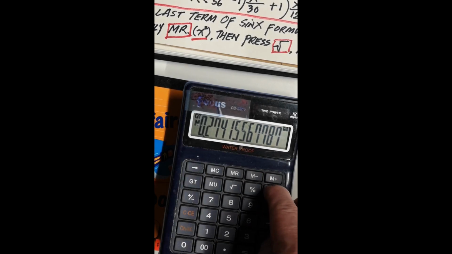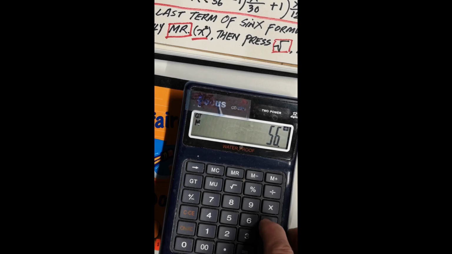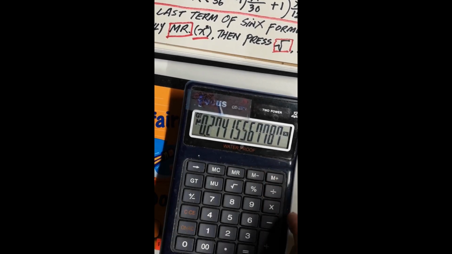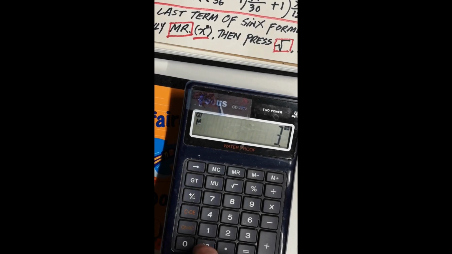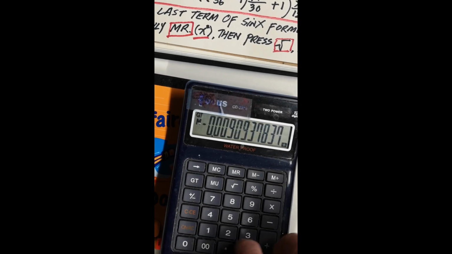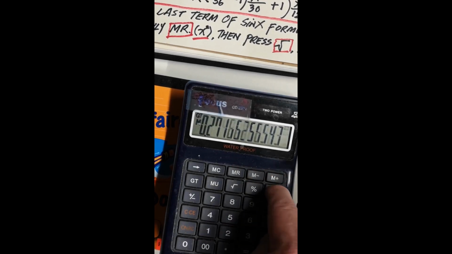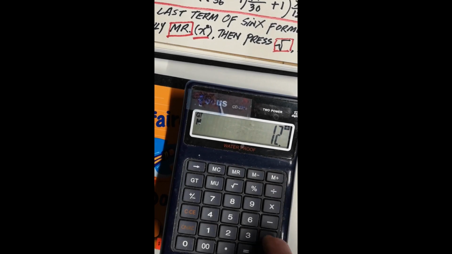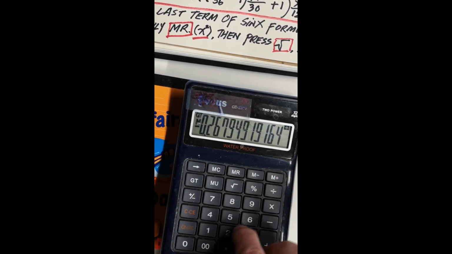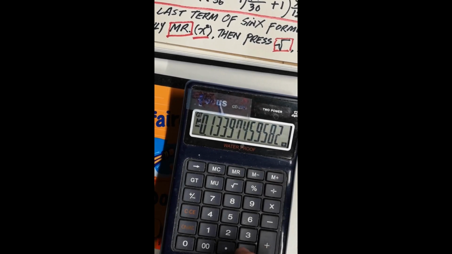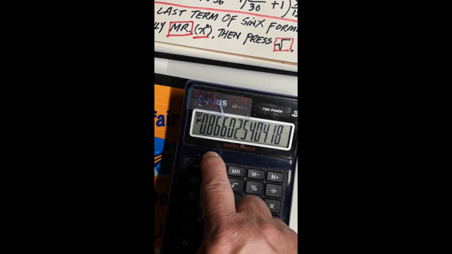Following the formula, divide by 56 minus 1 times x squared divided by 30 plus 1 times x squared divided by 12 minus 1 times x squared divided by 2 plus 1. And that is now the cosine of 30 degrees.